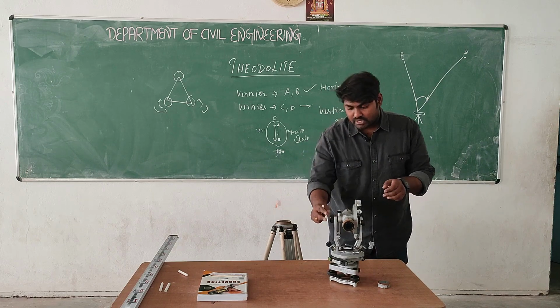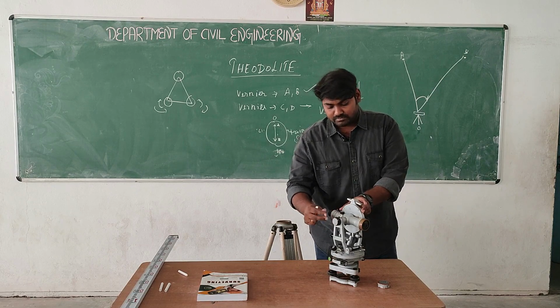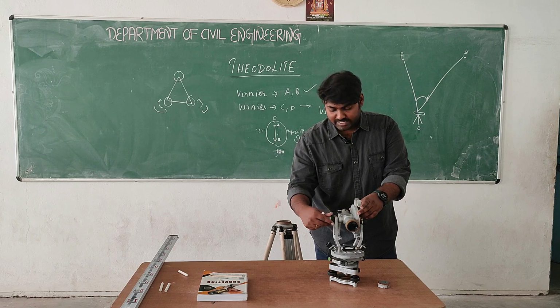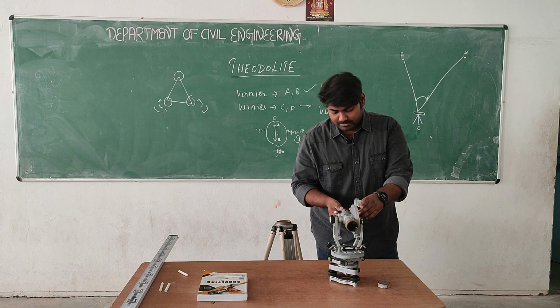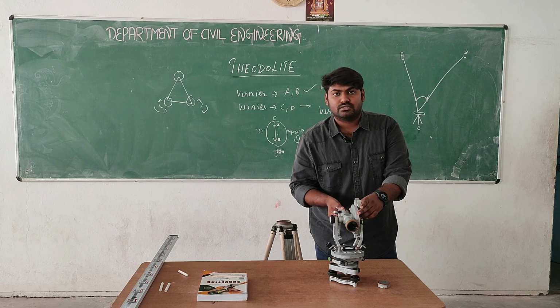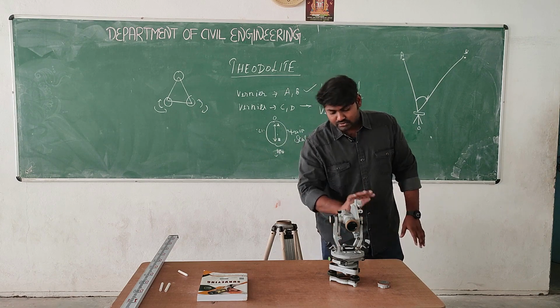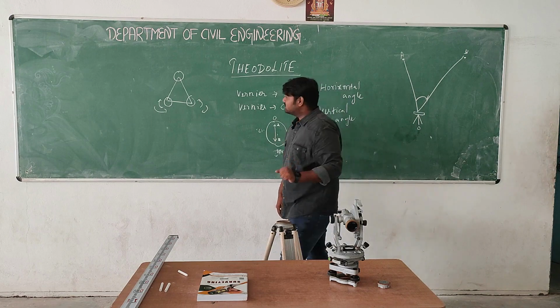There are two adjustments in this telescope. One is whether the image is zoomed or blurred, and whatever object we can focus with the help of this adjustment. The eyepiece is mainly used for seeing the object clearly by focusing, by adjusting this eyepiece. This is the main concept behind the theodolite.